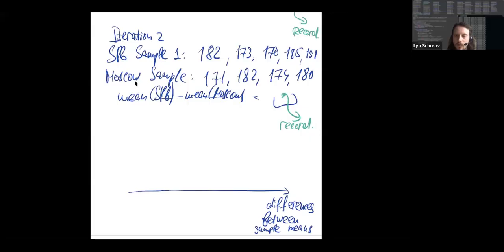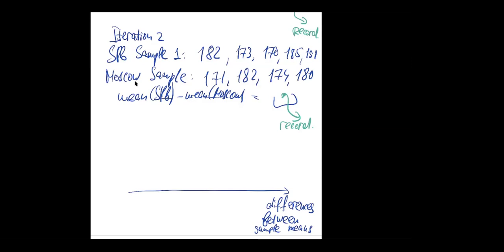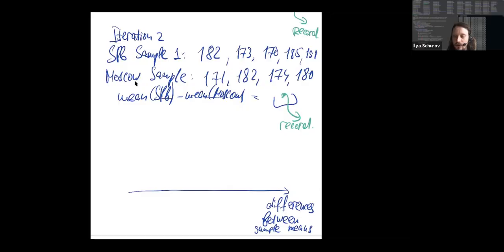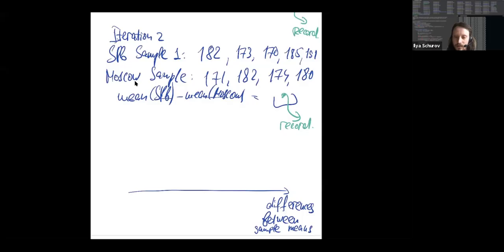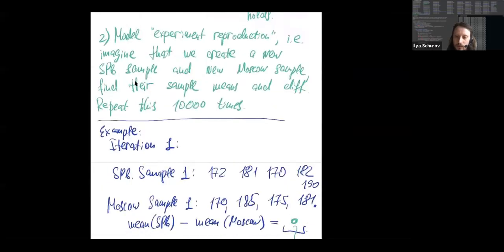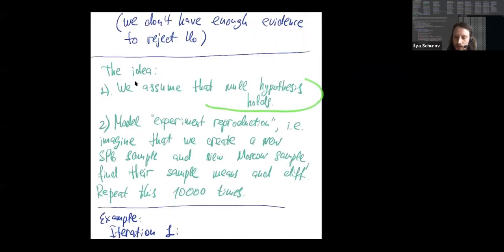Okay, so where will this normal distribution be located? What is the expected value of your distribution of differences? What is the point in the middle? We work now under assumption that null hypothesis holds.